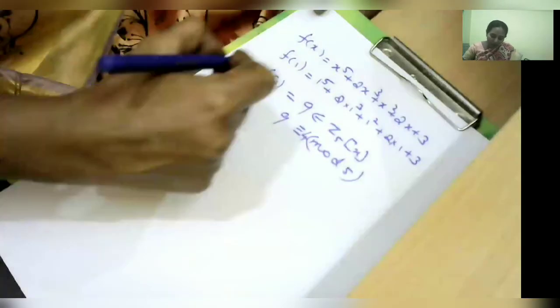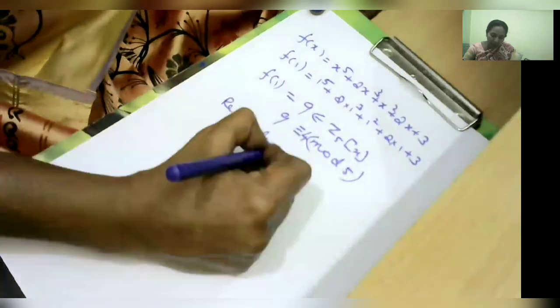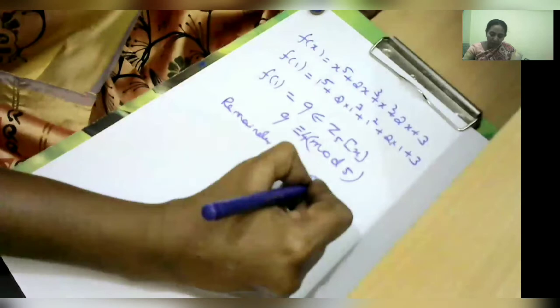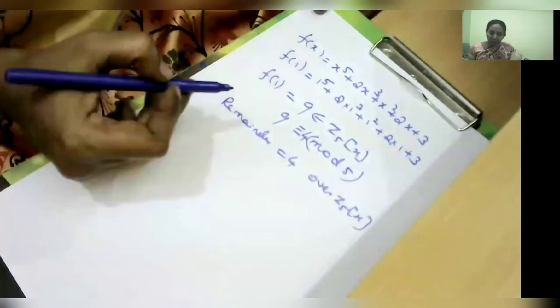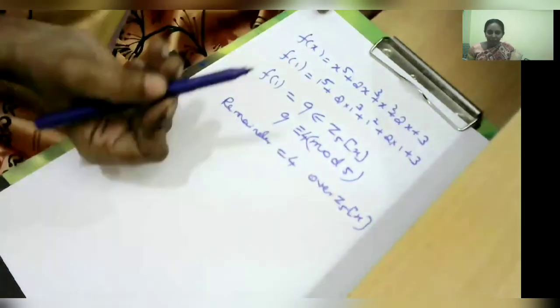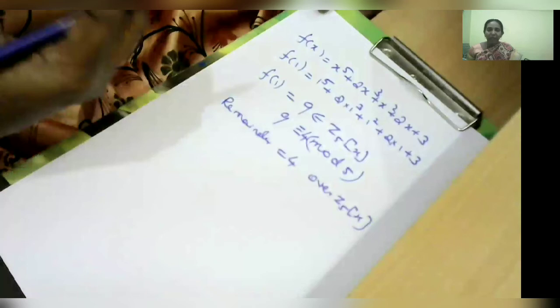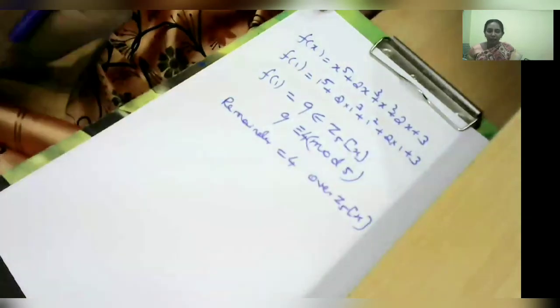So now we have got the remainder. The remainder of the polynomial is 4 over Z5[x]. Otherwise, the remainder is 9, like that. Okay. So over a finite field, we are calculating the remainder.